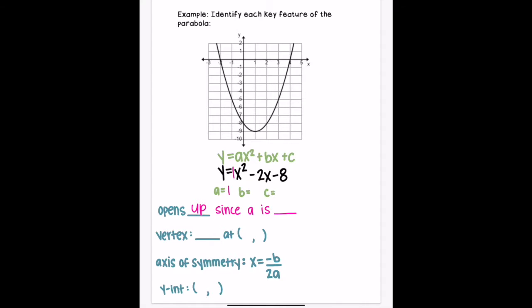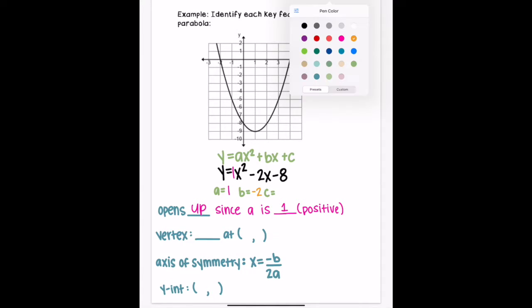So since a is 1, which is positive, this graph opens upward. Okay, now let's go ahead and identify our b value and our c value as well. So b is -2 and c is -8.